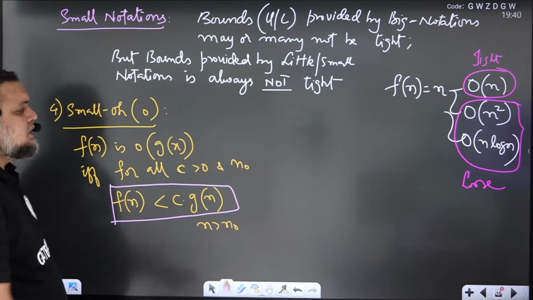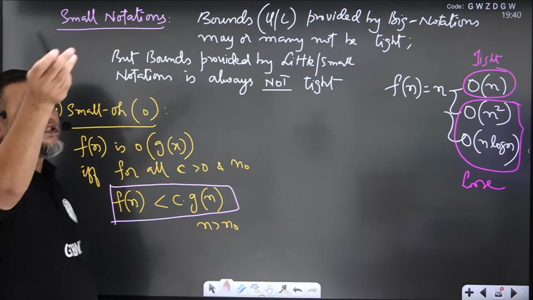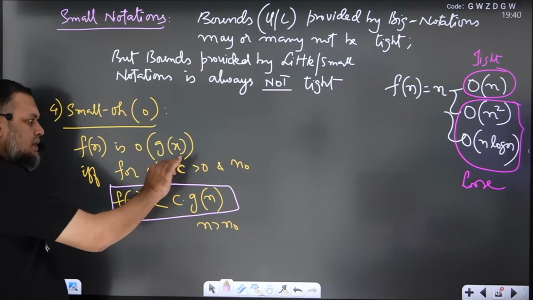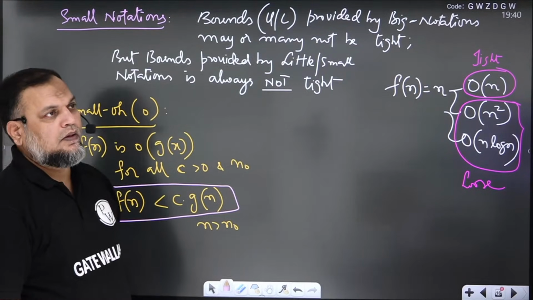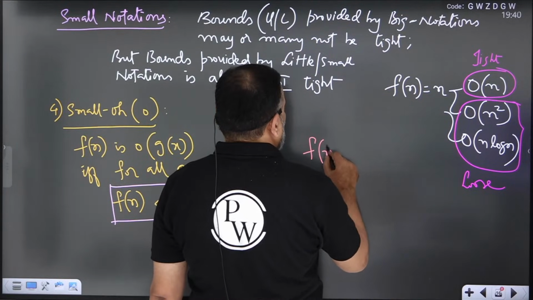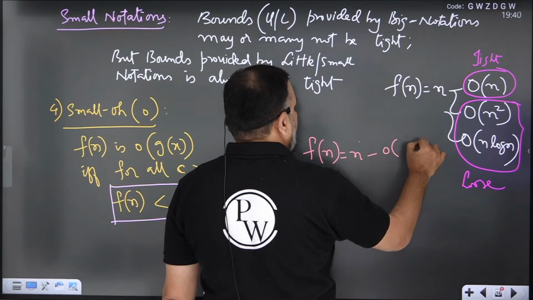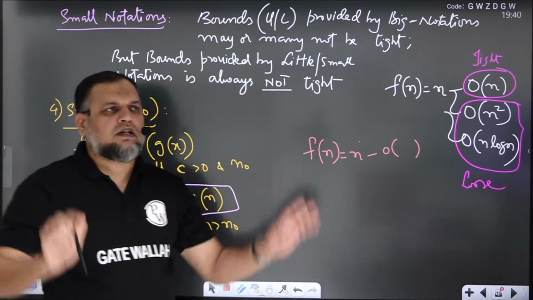The second difference is, in the case of big O, there exists some constant c. Here it is not some constant, it is every constant c. For every value of c greater than 0, it should satisfy this inequality. So if I take, for example, a function f of n equal to n, to find the small o, I should find a function which is always greater than this.